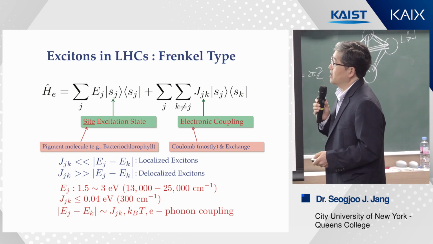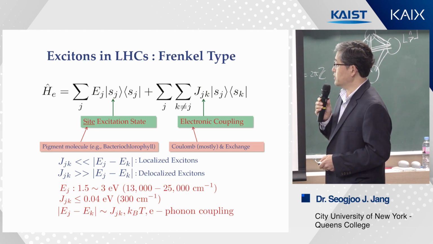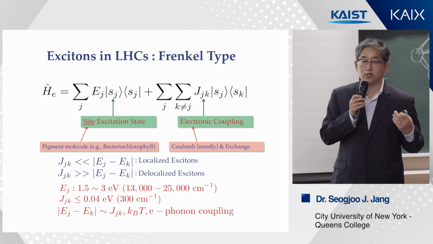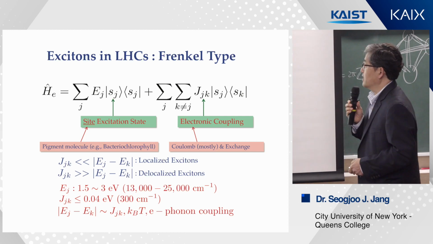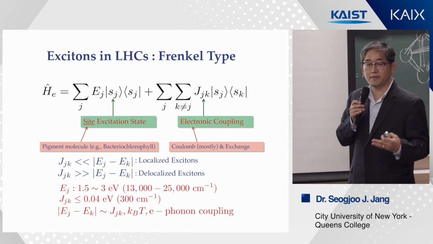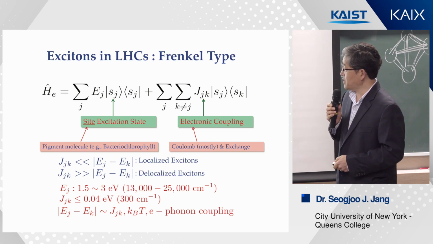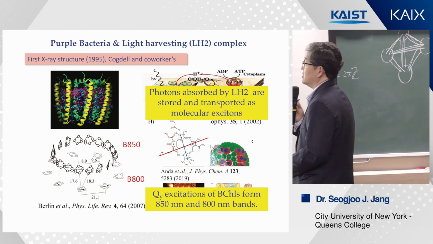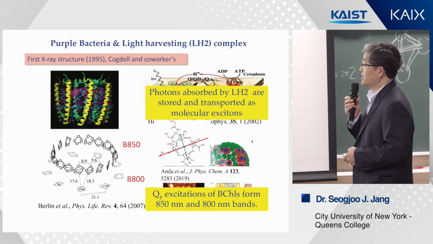As a result, their energy differences are comparable to the electronic couplings, to the thermal energy, and to the coupling between electronic excitation and the surrounding molecular vibrations. Because of that, it is not easy to classify them as simple extreme limits. They are typically systems in the intermediate coupling regime, and that's why it is quite difficult to study and understand them accurately.